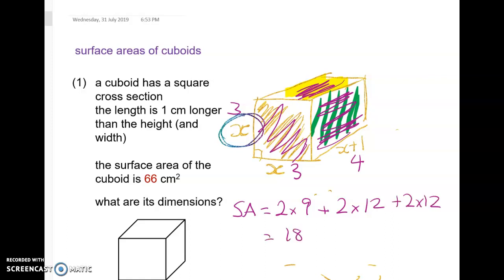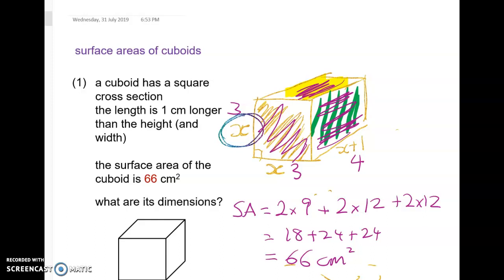So what does that give me? 18 plus 24 plus 24. So that's 18 plus 48. So look at that. Happily, it works. Otherwise, I wouldn't be making this video. So the surface area we've found fits the condition, which is that it's 66 centimetres squared.